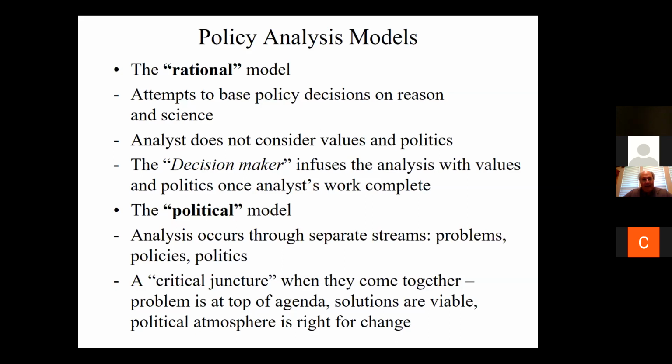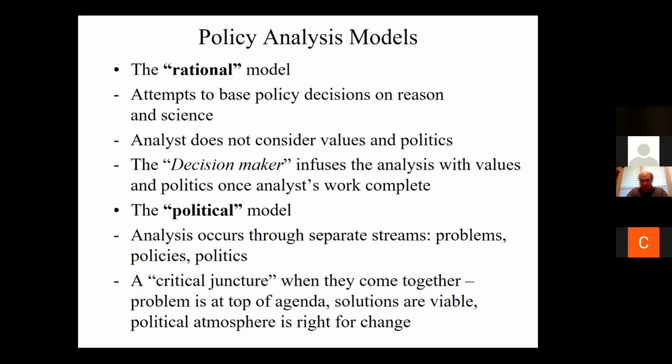And remember, I said good examples of the rational model approach would be organizations such as the Congressional Budget Office or the National Academy of Medicine, who are supposed to be there to provide nonpartisan analysis for Congress. So you could use that approach if you want, and then just follow through.